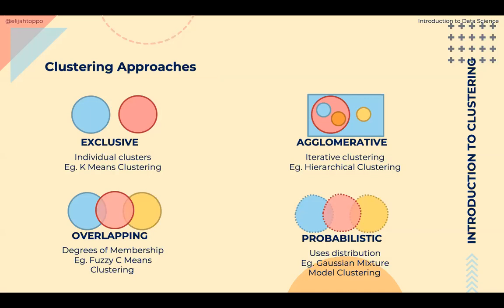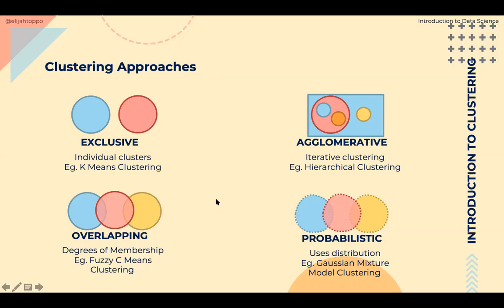One such algorithm that helps us do this kind of overlap-based clustering is called fuzzy C-means clustering. And finally, we have probabilistic clustering, which uses distribution. Here also it is a similar idea to overlapping, but more based on the distribution of the data.